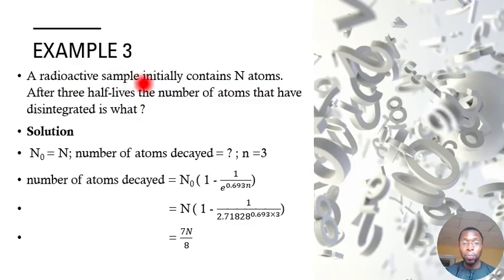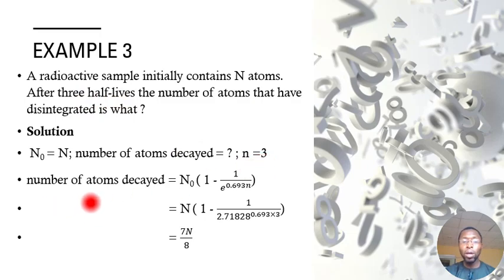A radioactive sample has this number of atoms, N0, when there is no disintegration. So our N0 is N. At time 0, the number is N according to this question. Now we have to find the number of atoms that decay after 3 half-lives. So the number of half-lives, n, is equal to 3.